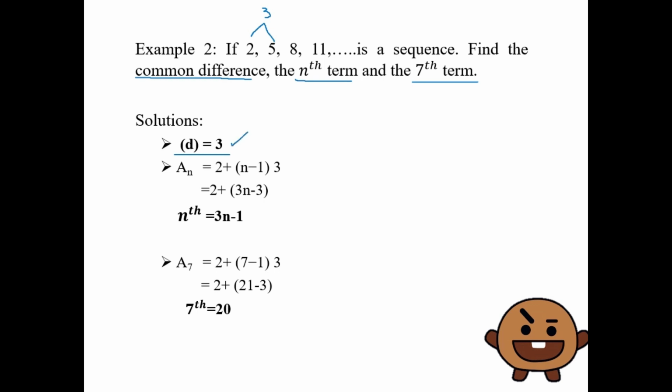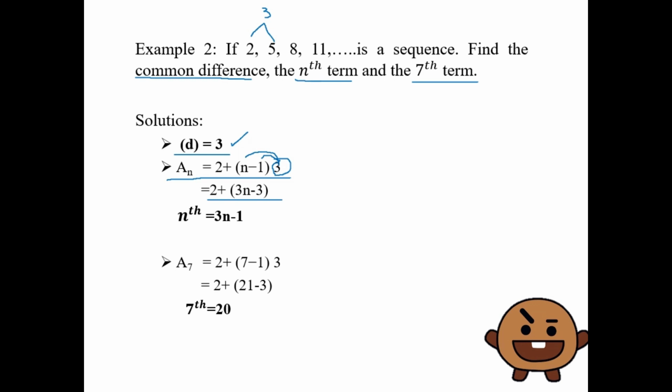Now, we solve for the nth term. How do we solve for the nth term? This is a sub n, which is equal to 2 plus n minus 1 times 3. How did I write 3 here? Because we have 3 as our value of d. Therefore, that's 2 plus, distributing, 3 times n is 3n. 3 times negative 1 is minus 3.